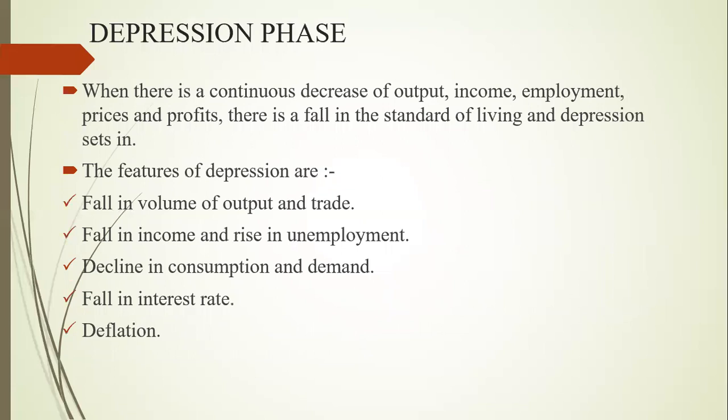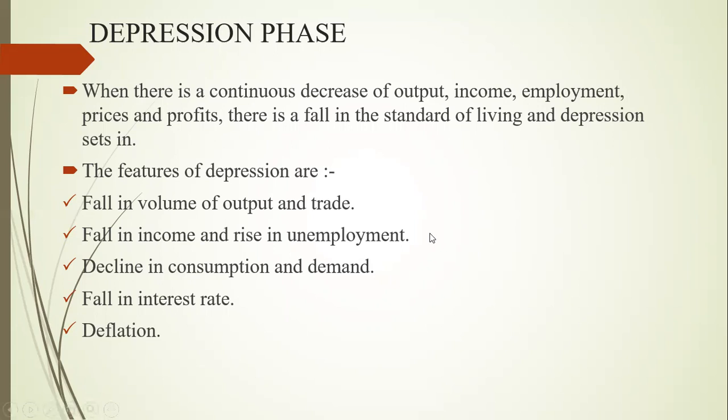After recession, the period of the depression phase comes. If we do not take proper measures to come out of the recession, it will result in a depression phase. When there is a continuous decrease of output, income, employment, prices, and profit, there is a fall in the standard of living, and depression sets in. Features of depression are a fall in the volume of output and trade, income will also come down, and unemployment will increase.